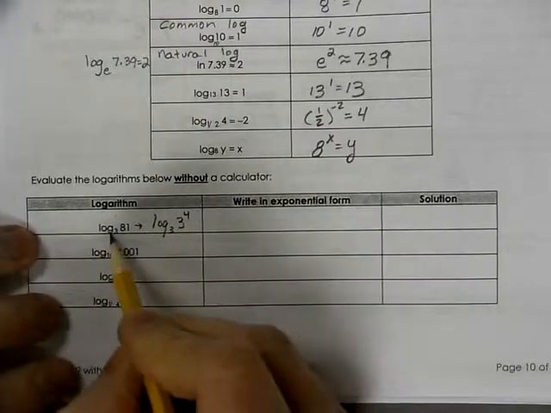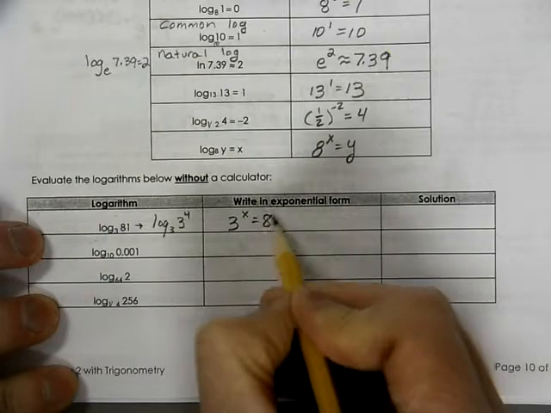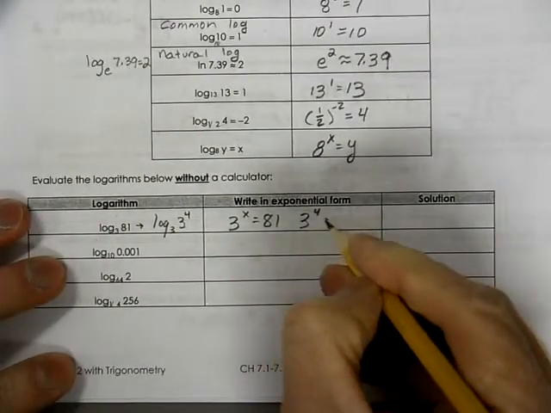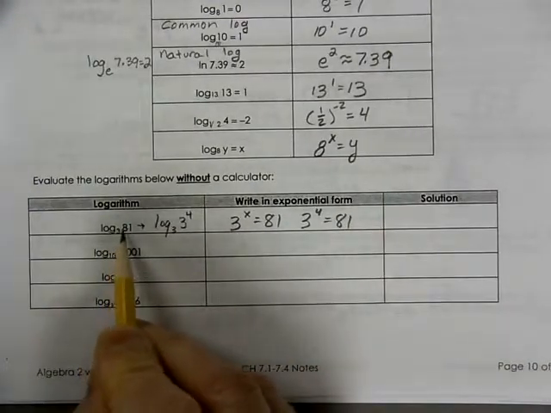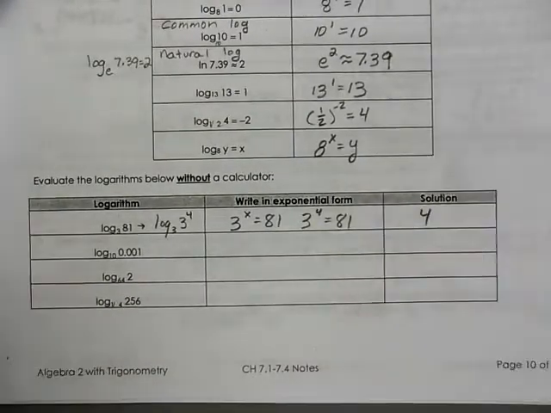Another way to think about that is 3 to what power equals 81? 3 to the 4th power equals 81. That's what this is saying. 3 to what power equals 81? So the solution is 4.